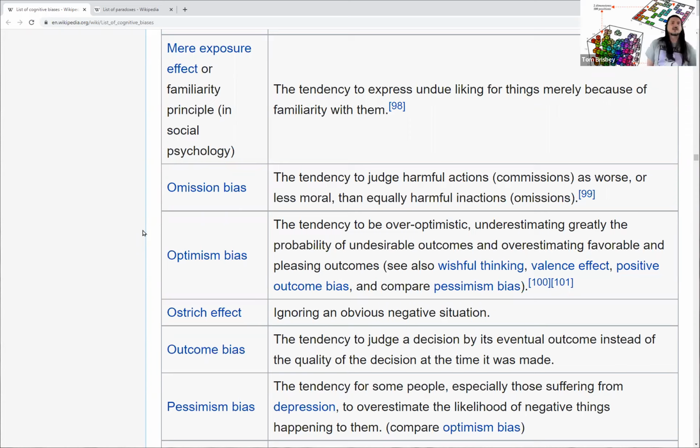Optimism bias, the tendency to be overly optimistic, greatly underestimating the probability of undesirable outcomes and overestimating favorable outcomes. Yeah, the only way to tell the difference between optimism and confidence is the level of follow through. So you have to measure it over time.